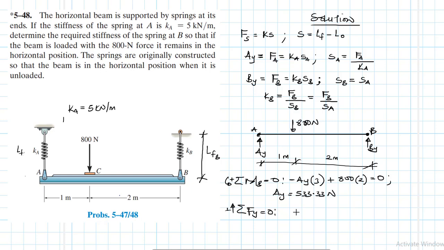And then summation of forces in the y direction. What do we have? We have AY minus 800 plus BY is equal to 0. We've already found what AY is. It's already here. Let me use my green. So therefore, my BY is going to be equal to 533.33 minus 800.